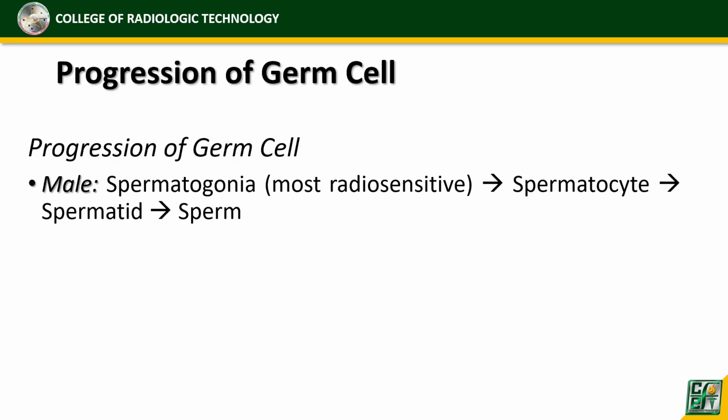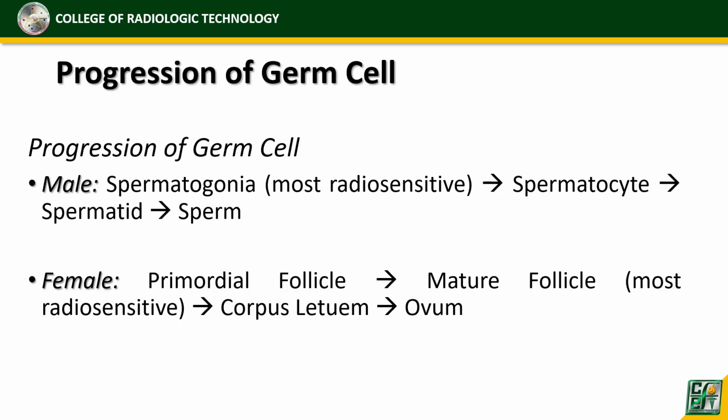So for male, from spermatogonia, which is the most radiosensitive because it is the youngest form of male germ cell, it becomes a spermatocyte, then a spermatid, and then sperm. And for female, una siya ay primordial follicle.